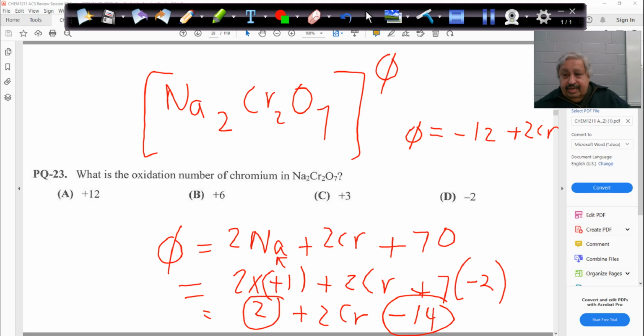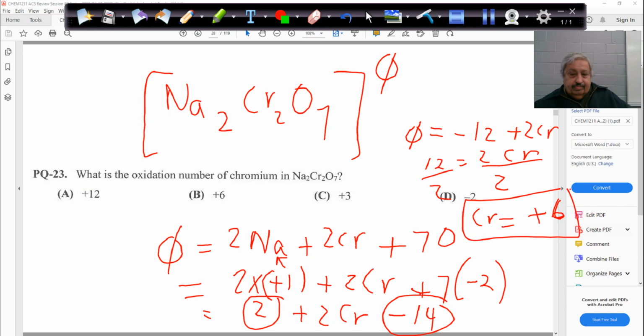The other side, 12, equals 2 chromium. Then divide by 2, and chromium is plus 6. Can you see it? So the answer is B.